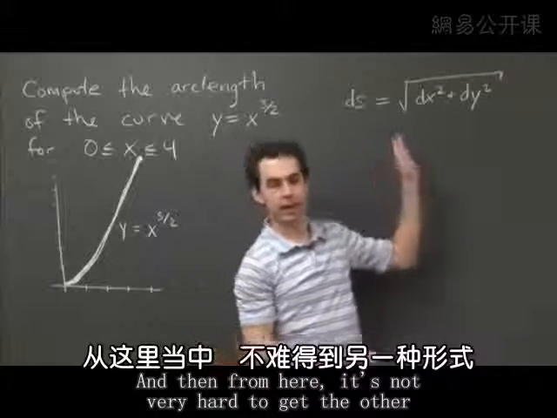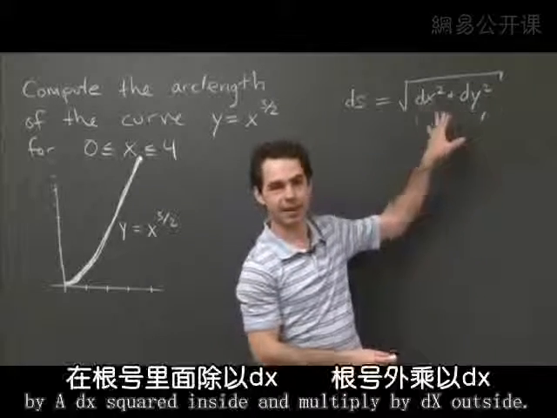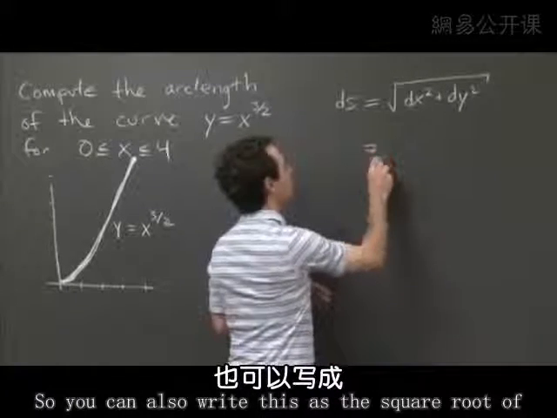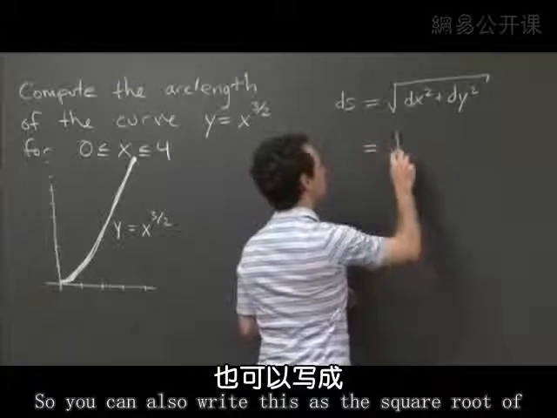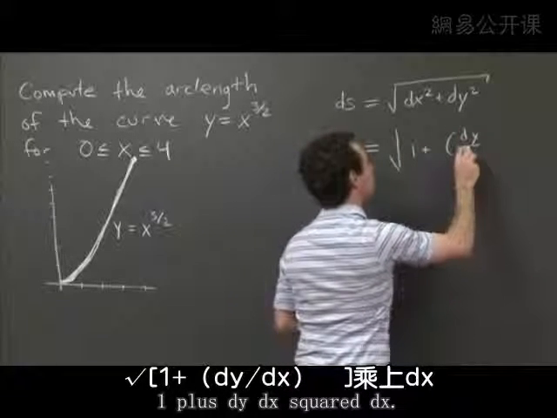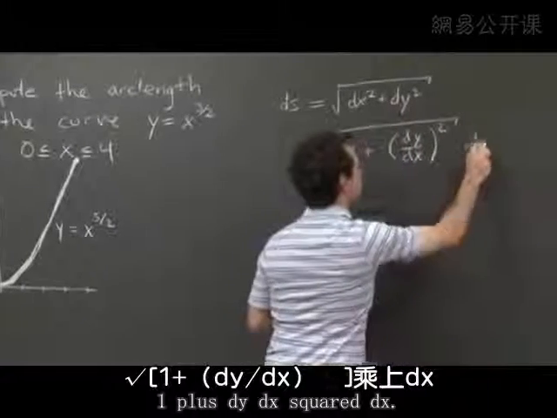From here, it's not very hard to get the other form: you can divide through by a dx squared inside and multiply by a dx outside. So you can also write this as the square root of 1 plus (dy/dx) squared, dx.